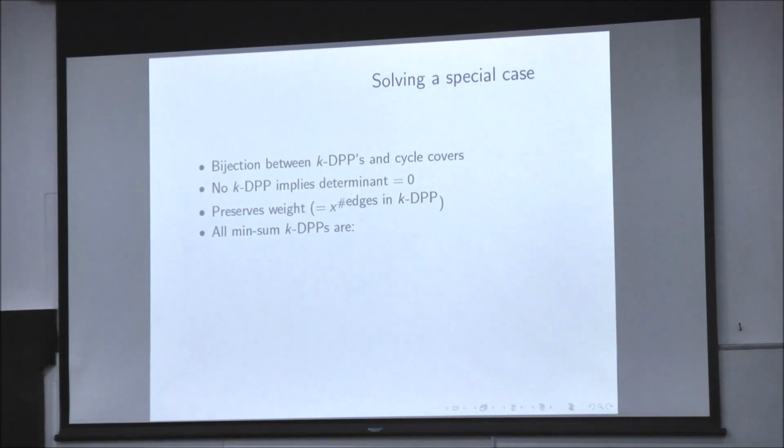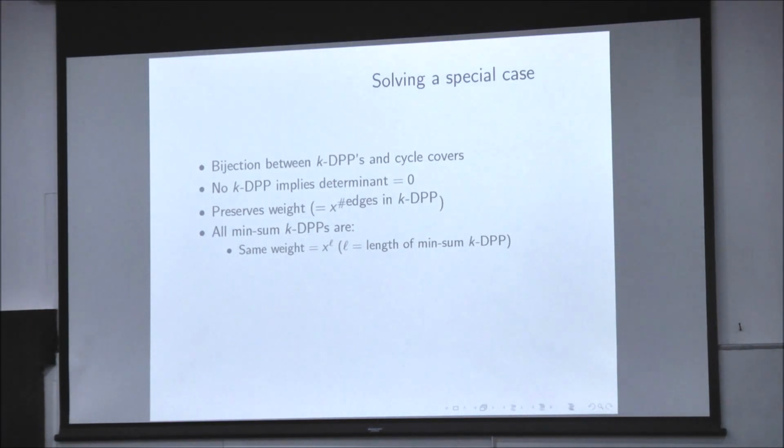And in particular, if we look at all the KDPPs which are the shortest, which correspond to min sum, for which the total length of the paths is minimum, they have the same weight. And what is the weight?